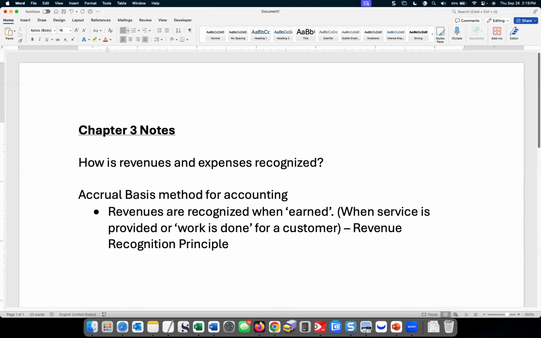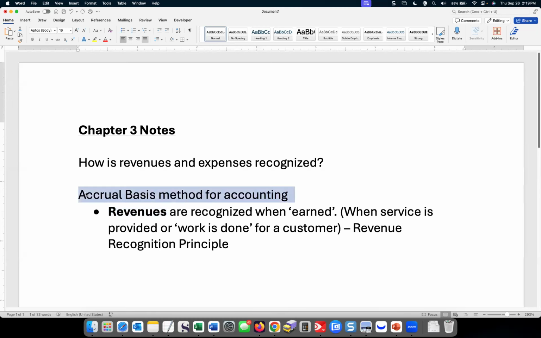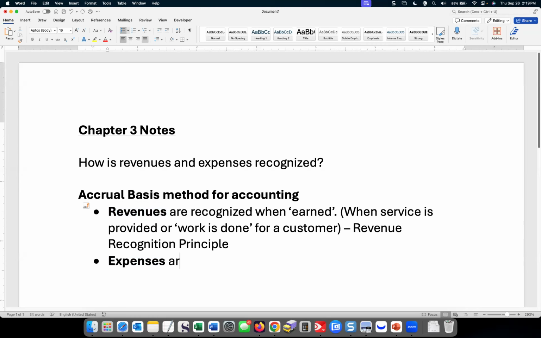So the revenue part is all about, did you do the work? That's the most important part there. And following that, expenses are recognized when incurred.